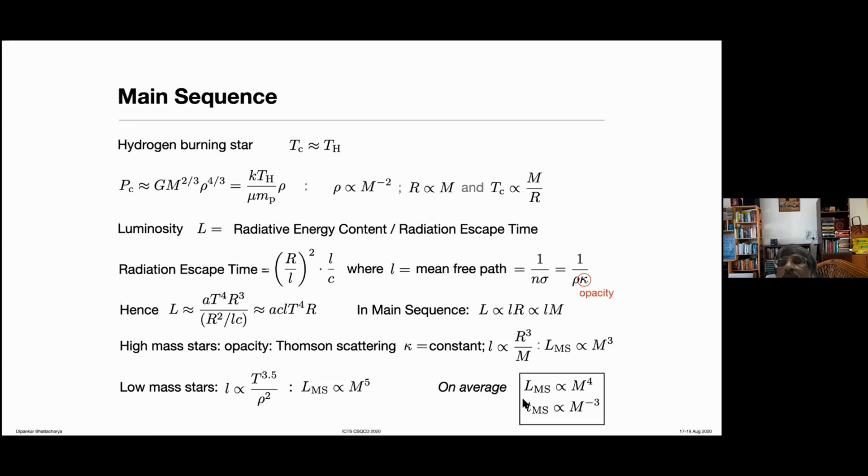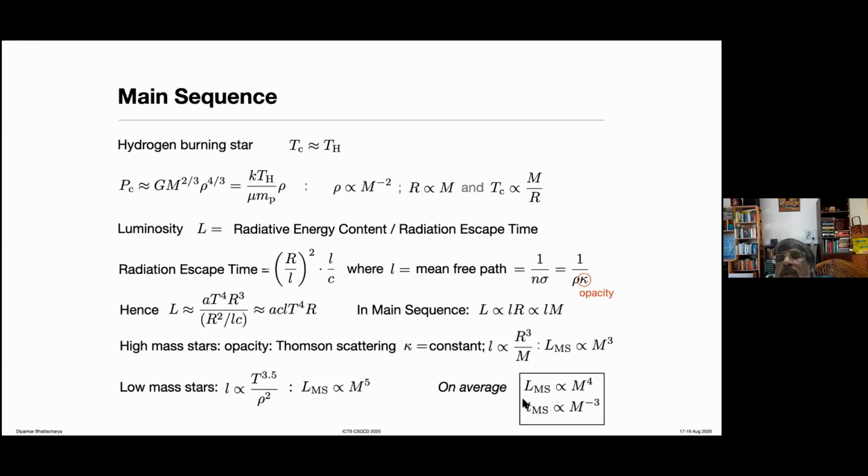And this also tells us that the average lifetime on the main sequence of a star is proportional to 1 by m cubed. Why is that? Well, that's because eventually the total energy content which we are using to produce this luminosity is coming from the nuclear burning of hydrogen. And the amount of fuel available is proportional to the mass of the star.